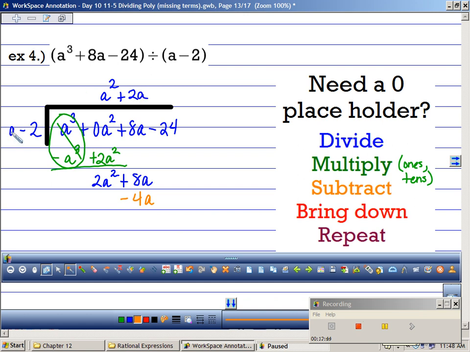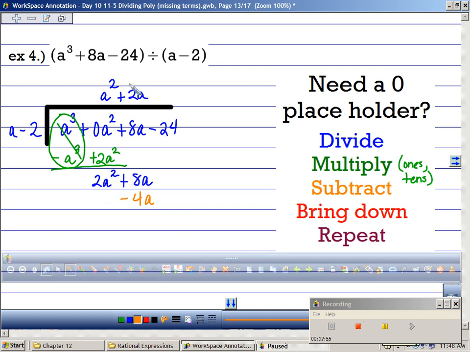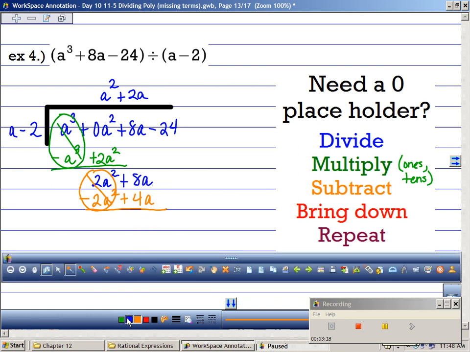Because 2a times a makes 2a squared. We're trying to think of what times that is going to make that. Then we draw the line and change the sign. That makes this go away. Our goal is always to get rid of these, right? So 8a and 4a is 12a's.